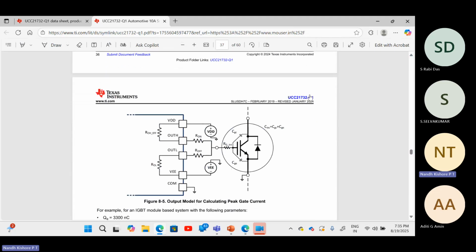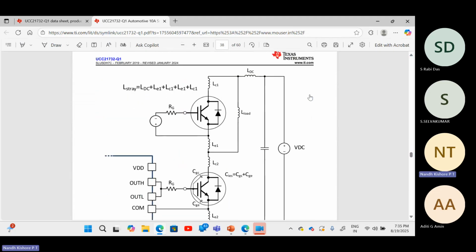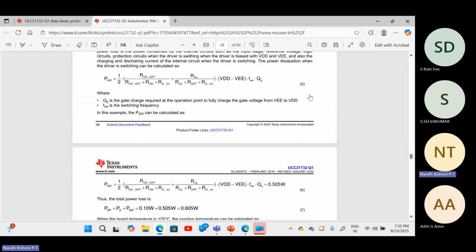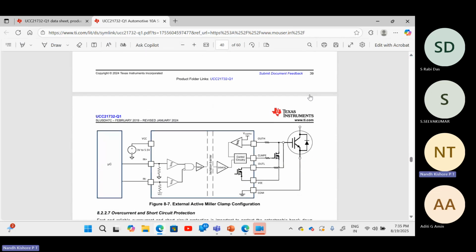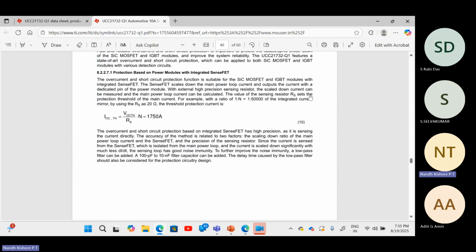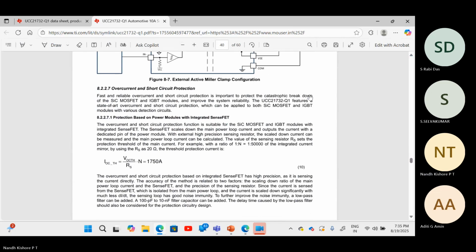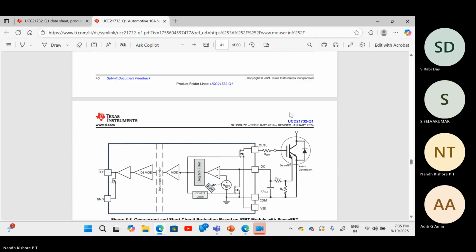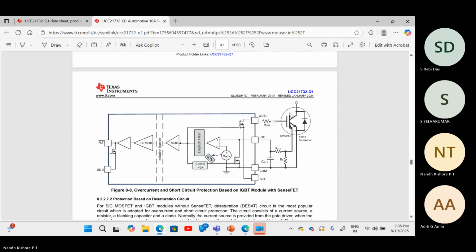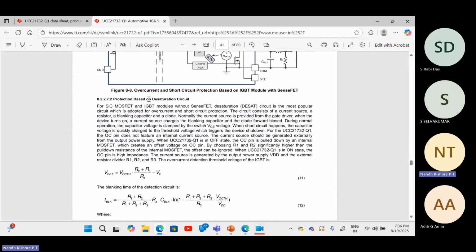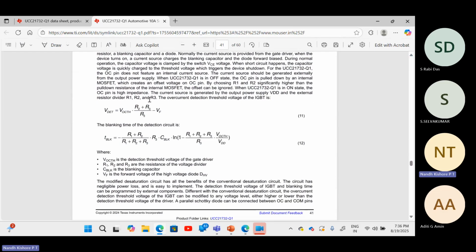I'm not sure if it has the current computation. Yeah, Miller clamp, short circuit protection. So protection, this is what I was referring to. Protection based on desaturation circuit. You can go through this, okay?